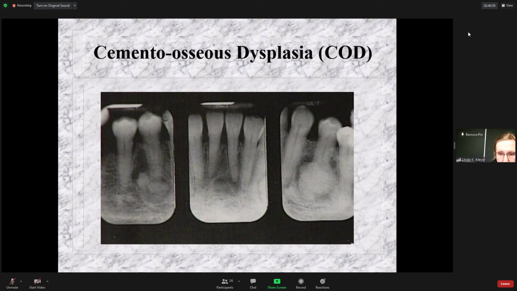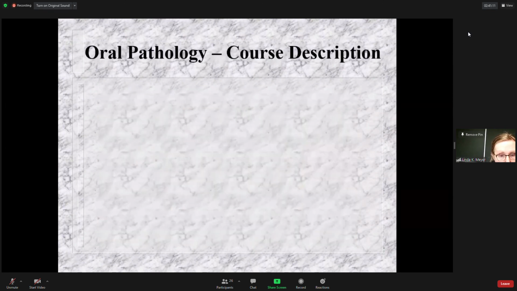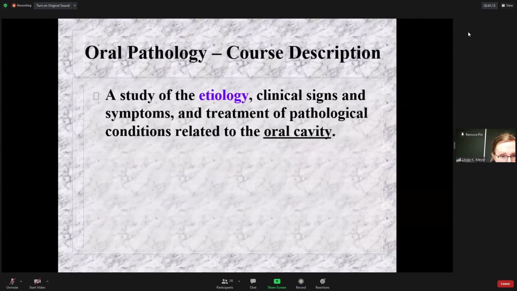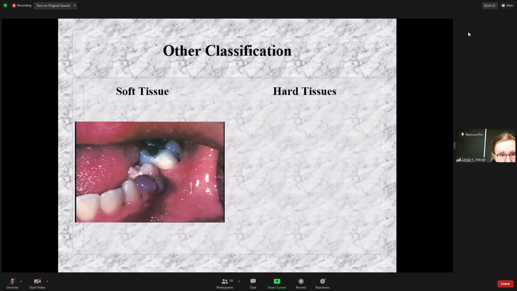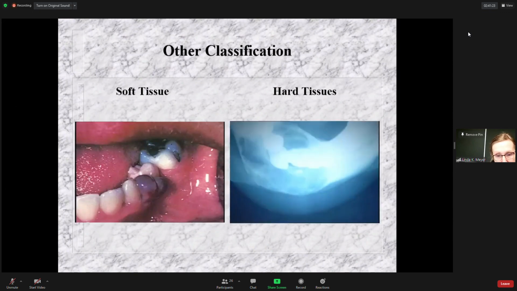So I think I've given you a wide preview of the different disease categories that we'll be looking at in the course. I just wanted to show you a couple. Like I mentioned the other classification system, we could say diseases of the soft tissues, diseases of the hard tissue.